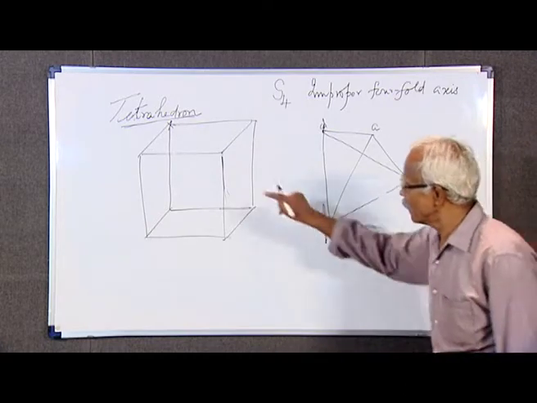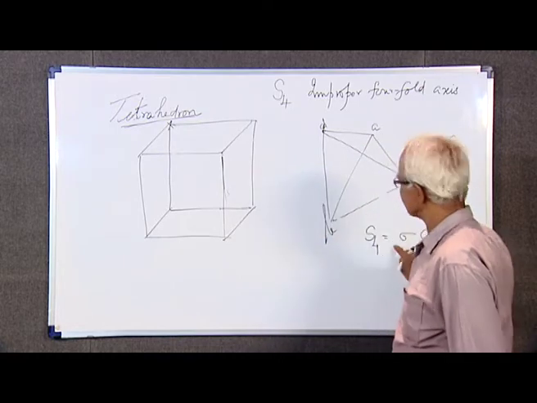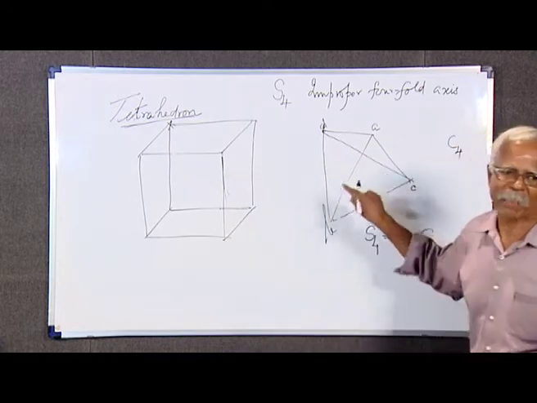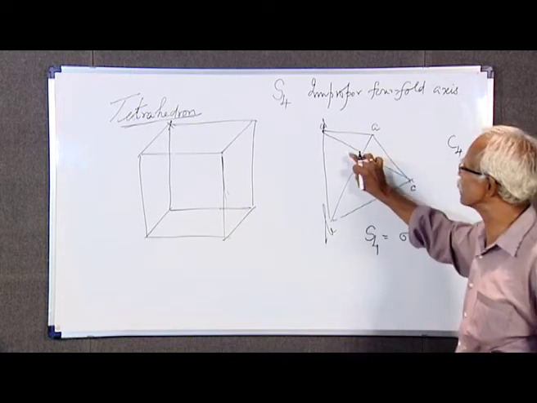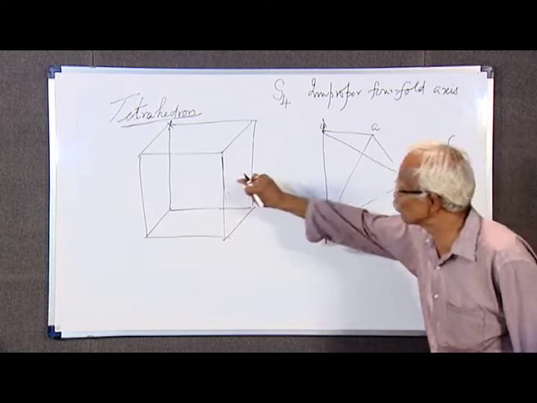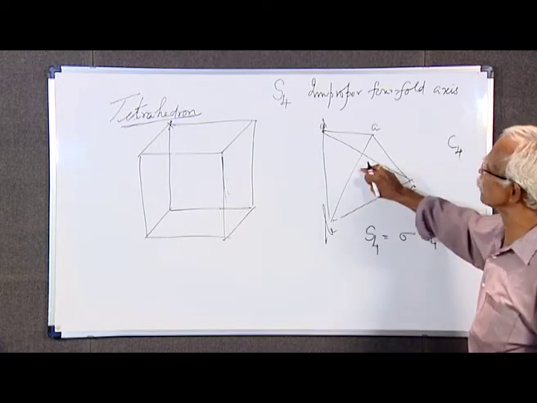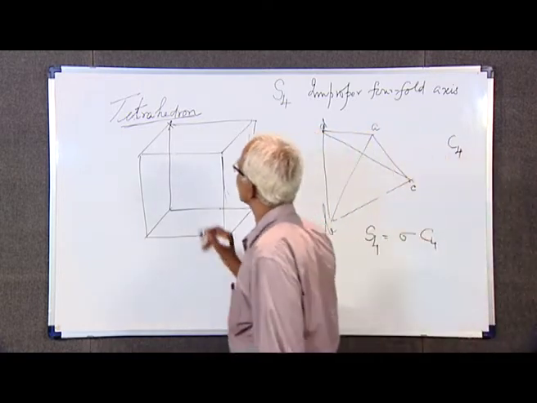Let us apply it. I am going to show you that if you apply this to this, you will get this. Apparently, they are quite disparate. Nobody will believe that this has anything to do with this, but in fact, this has very much to do with this. This can be comfortably accommodated inside the cube. I am going to apply S4.